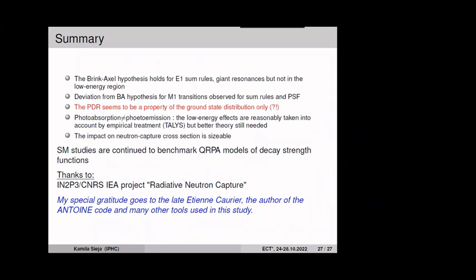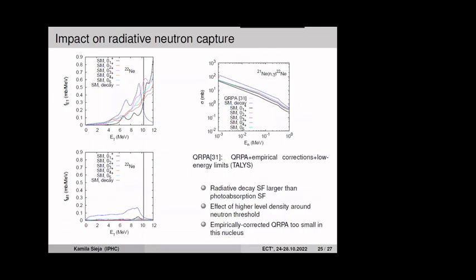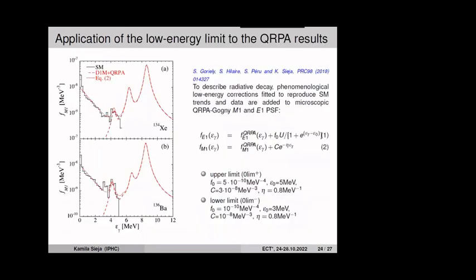So I just wanted to ask one question. Maybe in the end, when you calculate these giant resonances, the strength distribution up to high energy, do you play with your configuration complexity? Because this is a very pivotal question for us.